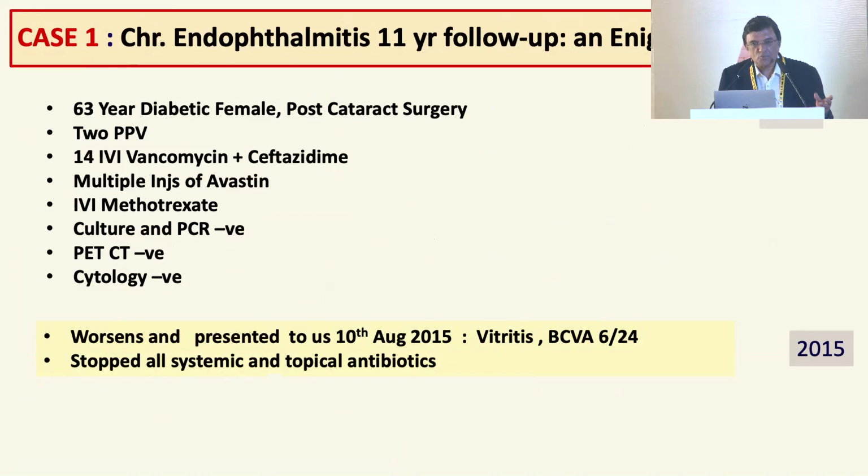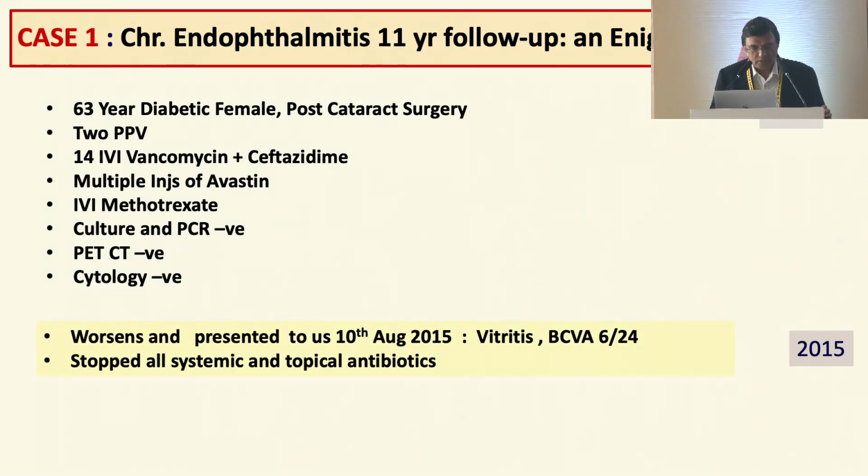So I'll be showing you two cases which will tell you how culture negativity is there. This is a 63-year-old diabetic female, and I now have an 11-year follow-up on this patient who had received 14 injections of vancomycin and ceftazidime, multiple injections of Avastin, because she was also diabetic.